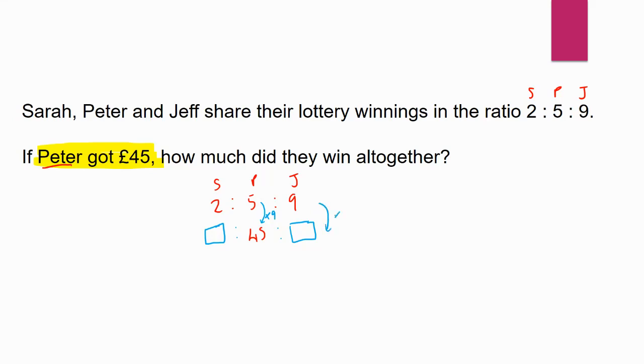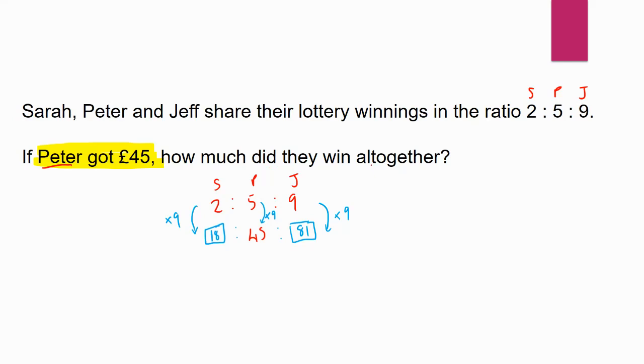So we need to multiply everything else in the ratio by 9. So here we do 2 times 9, which is 18. And here we do 9 times 9, which gives me 81. So that means that Sarah gets £18, Peter gets £45, and Jeff gets £81.